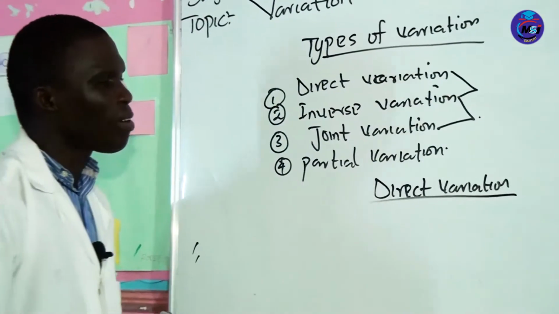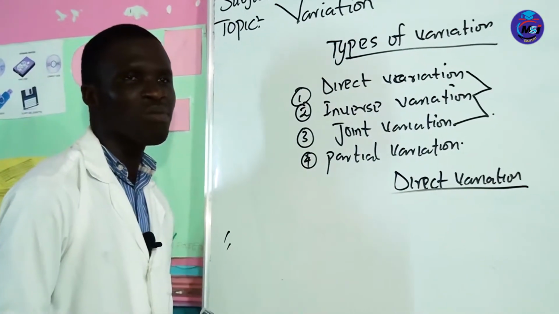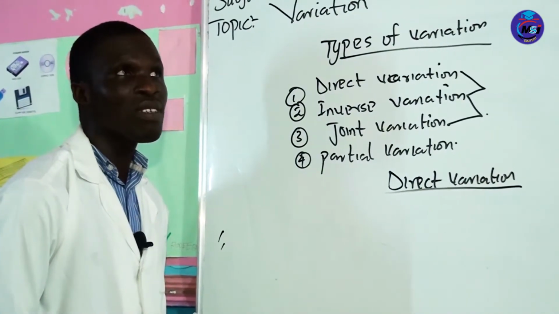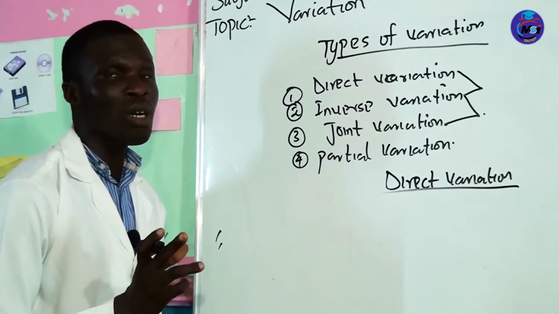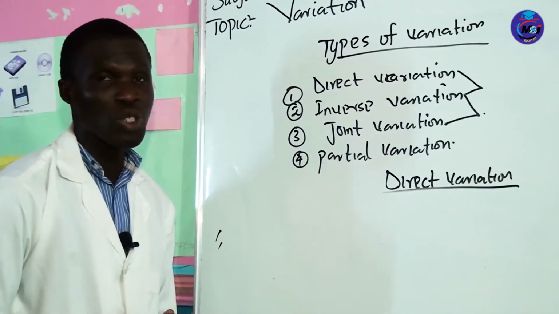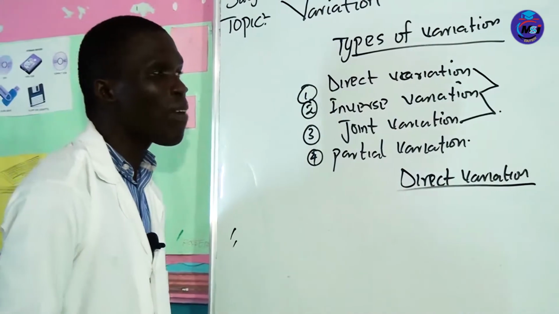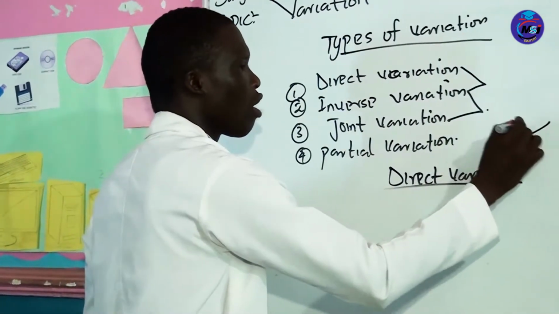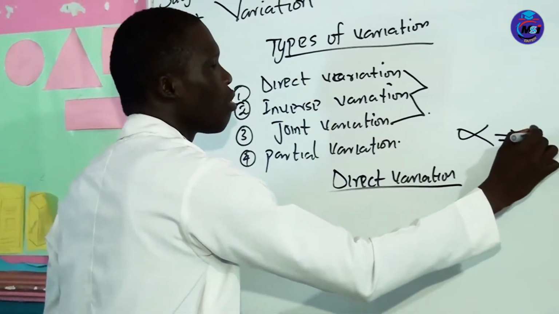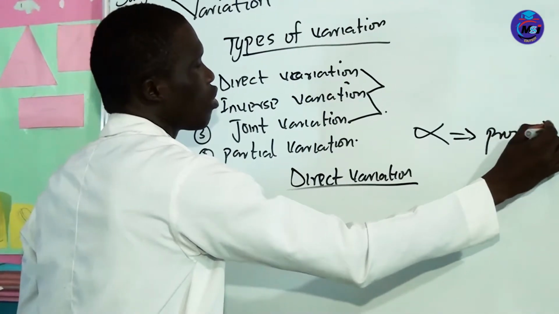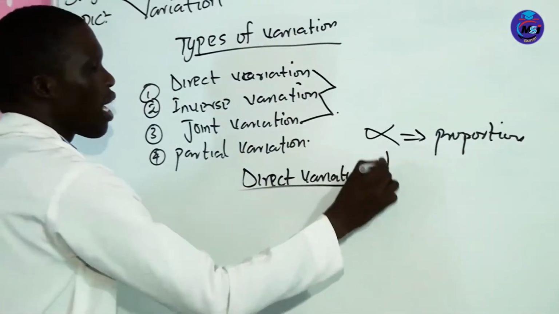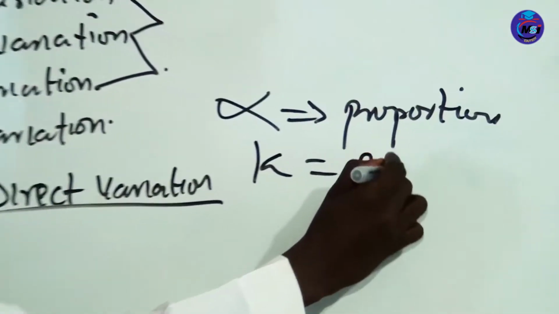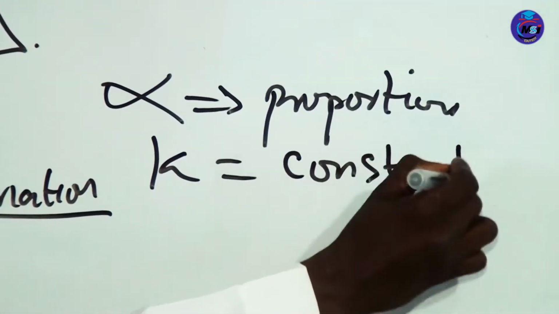Now in direct variation we have some terms we use in variation. Number one, we have this symbol called proportion. Then we have K called constant.